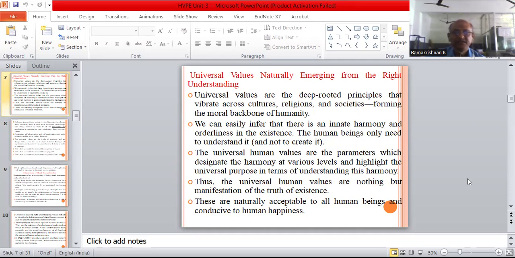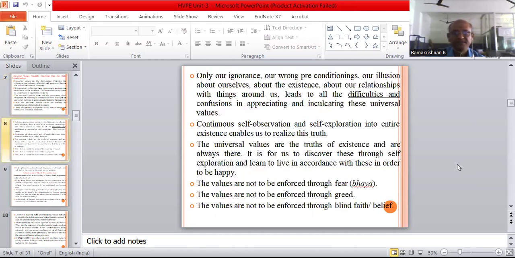The human values are the parameters which designate our human harmony at various levels. By default, the universal human values exist naturally. They are considered the truth of existence, and they also lead to human happiness.